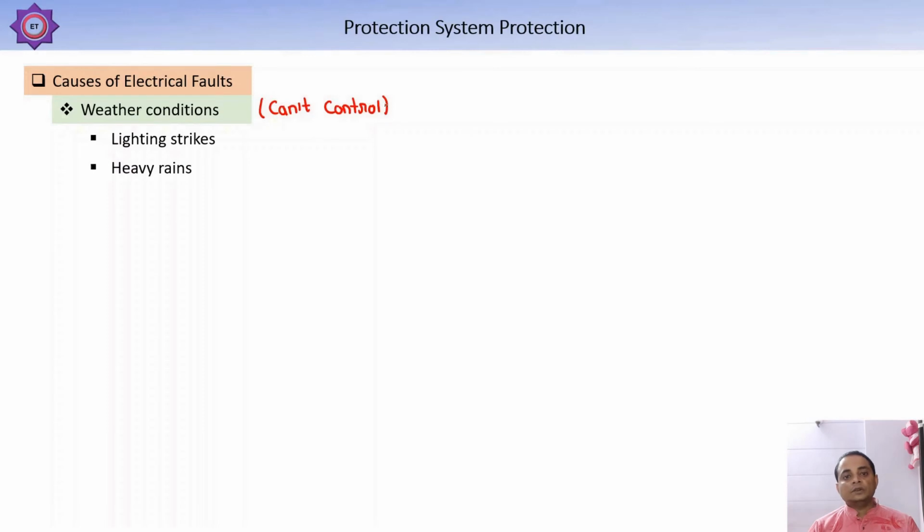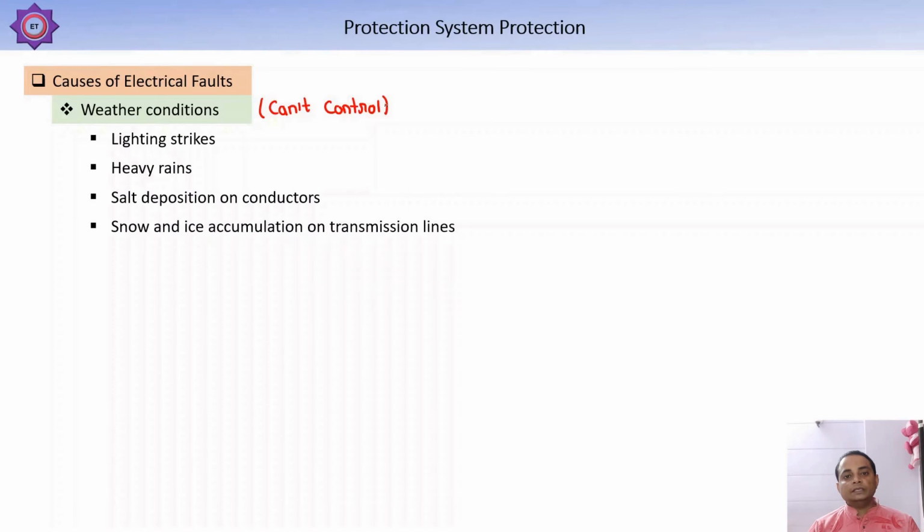Next, heavy rains. Due to heavy rains, a conducting path available between two lines or conductors may cause a line to line fault. The third one is salt deposit on conductors, and the last one is snow and ice accumulation.